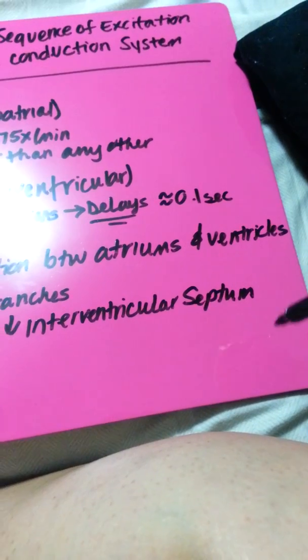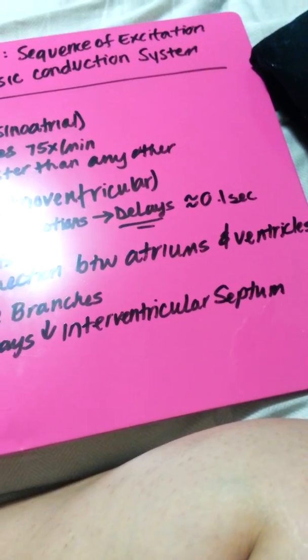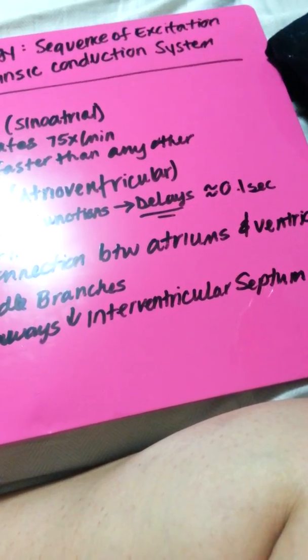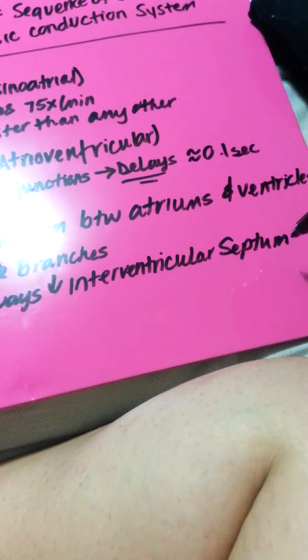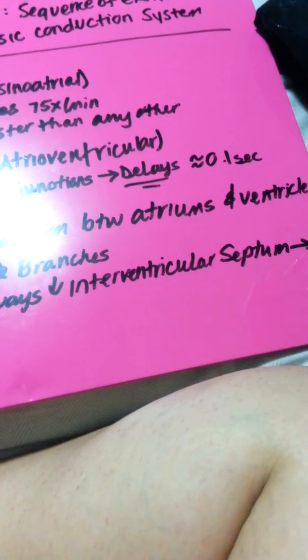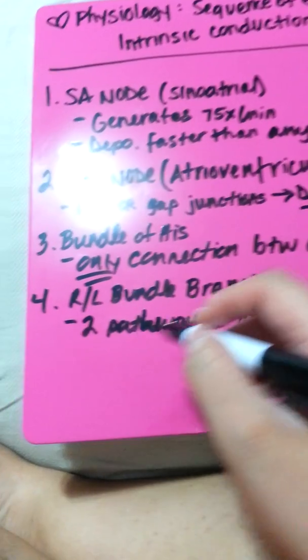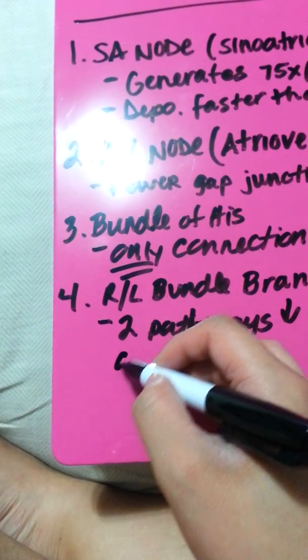The interventricular septum carries the impulses toward the apex. Okay, so it carries impulses towards the apex.